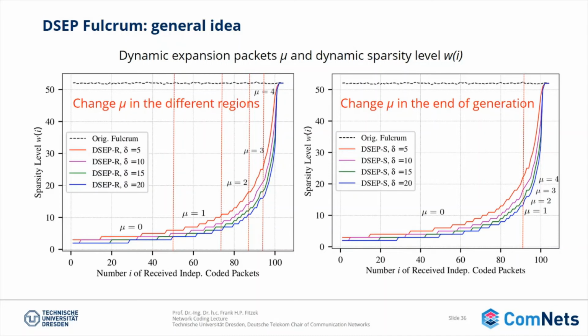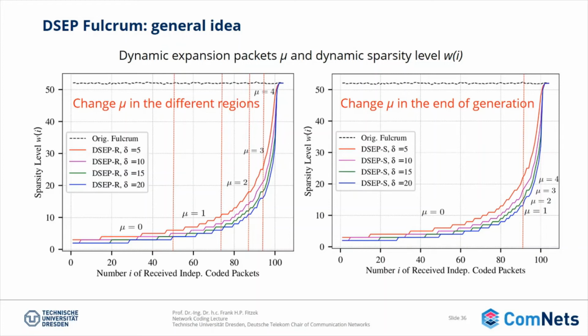So with different delta, we have different levels of sparsity, and when the number of received coded packets increases, the sparsity level also increases. The difference between the two figures is the change of expansion V. The sparsity level in the two figures here is the same.